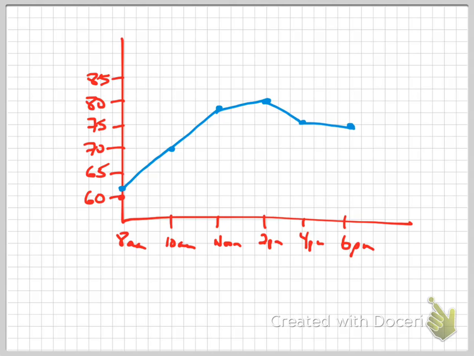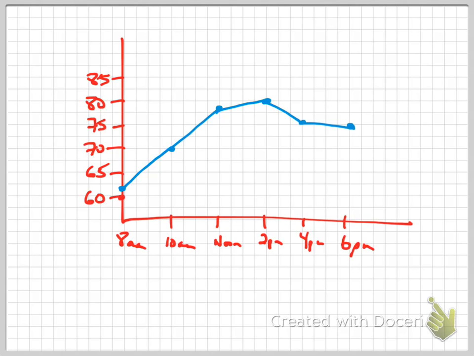Now, if I was to ask you about this, could you tell me what was the temperature at 2 o'clock? How would you find it? Sladen, what's the temperature at 2 o'clock?